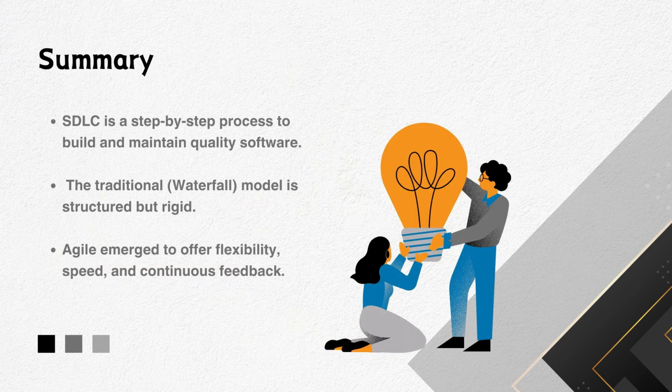Understanding SDLC and its limitations helps us see why Agile became so popular, especially in today's fast-changing world where speed, adaptability, and collaboration matter more than ever. So this foundation is important because it explains where Agile comes from and why it has become a preferred approach for modern software and project work.